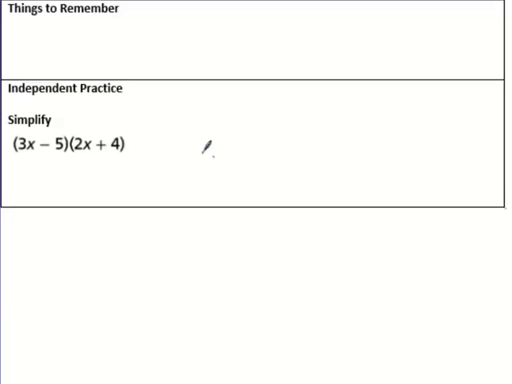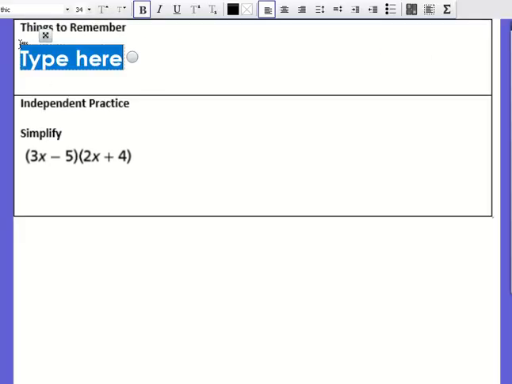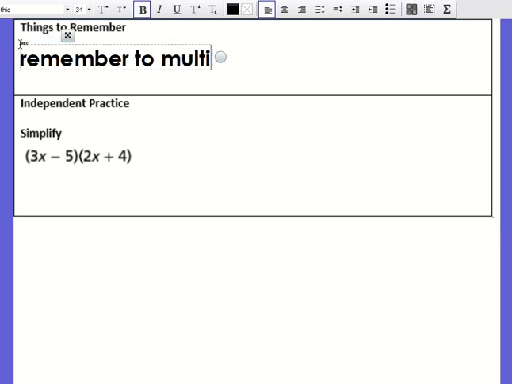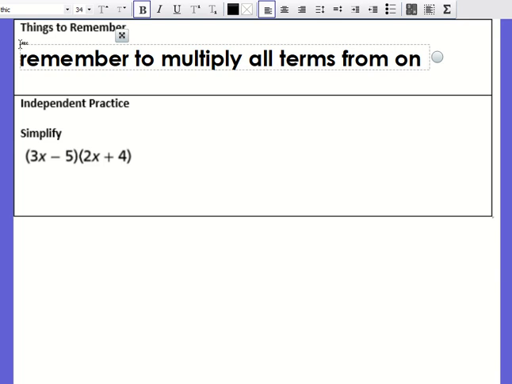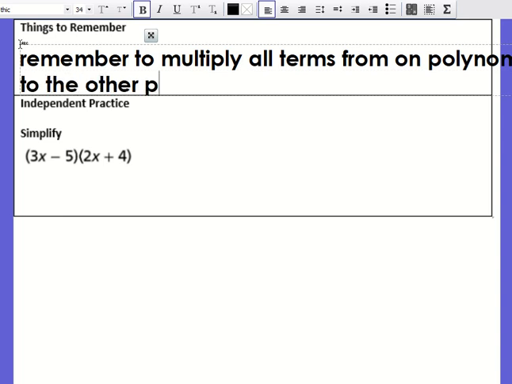So things to remember is multiply all terms from one polynomial to the other polynomial.